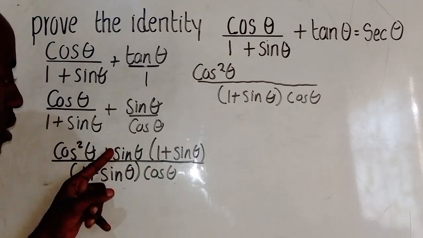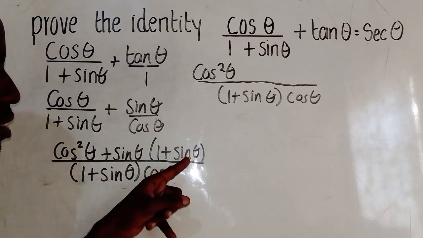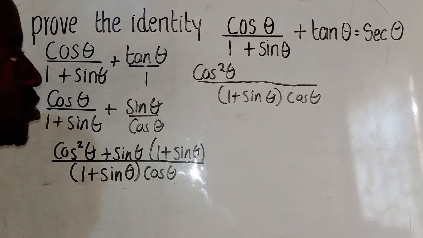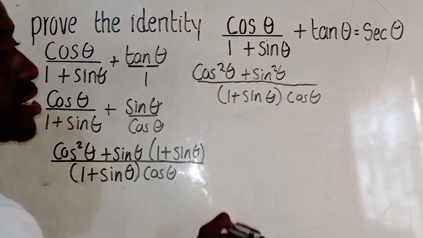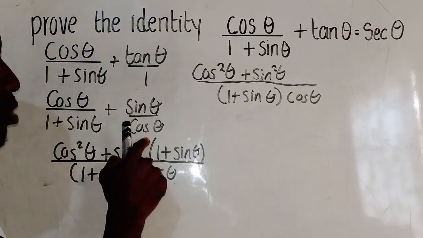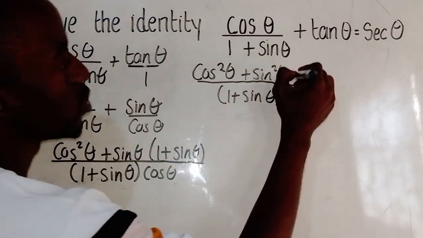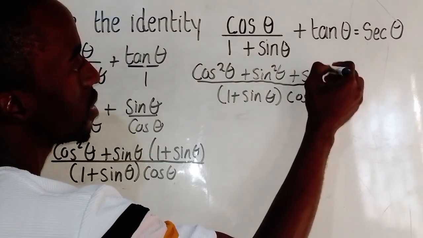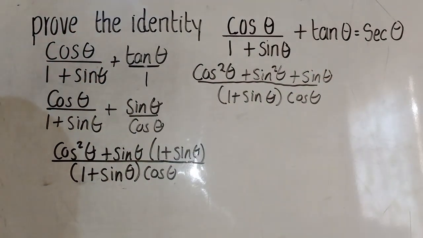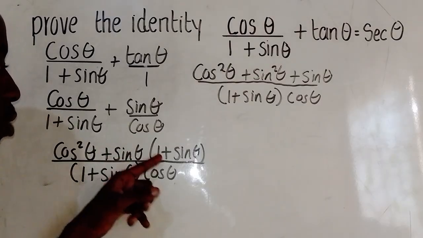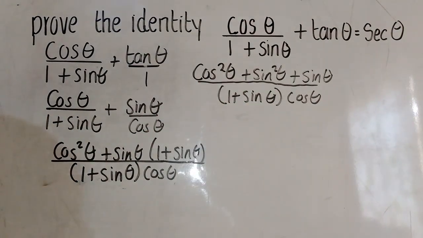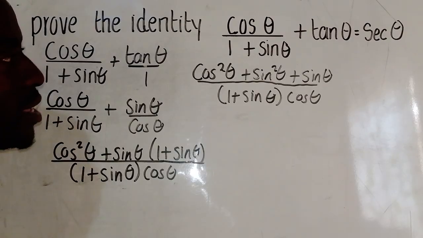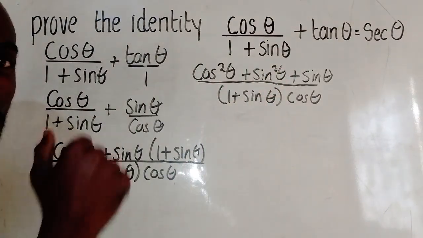Sin theta multiplied by sin theta is going to give me sin square theta, and then sin theta multiplied by 1 is going to give me sin theta. It's the same. If you want, you can start with sin theta times 1, you're going to get this one, or this times this, you're going to get this one again.